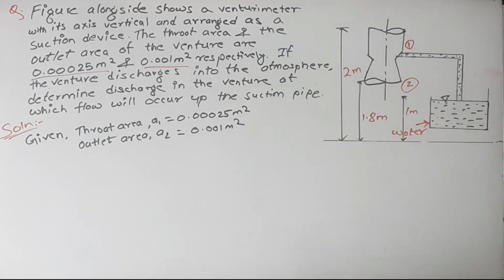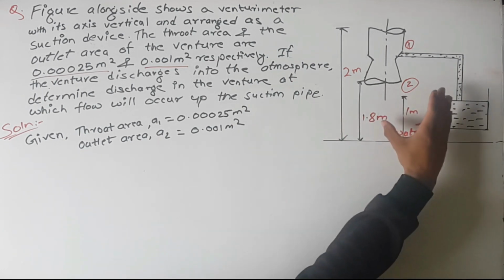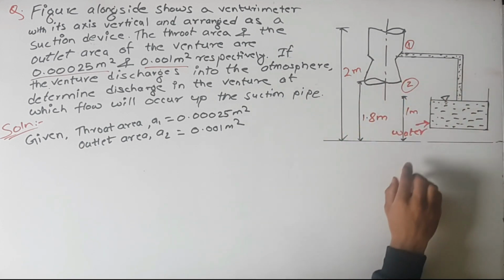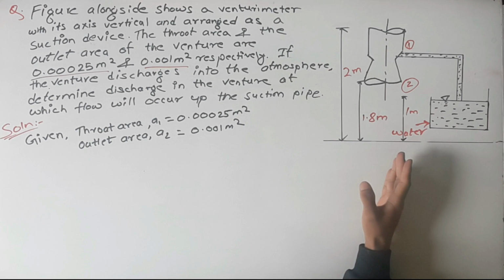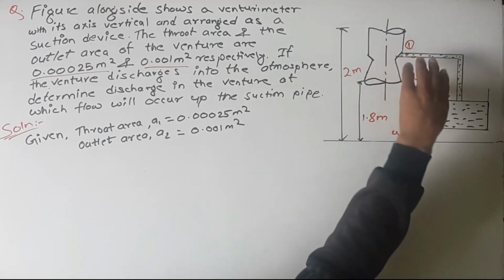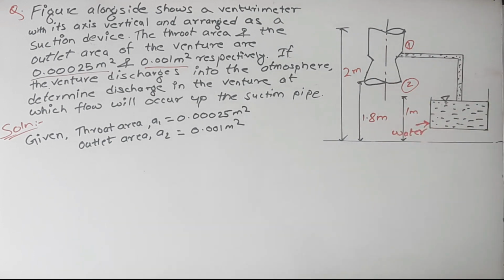For this we have two conditions. One condition is to tilt this Venturimeter, and another condition is to create a pressure difference here greater than here. If you did not understand, I will write here.